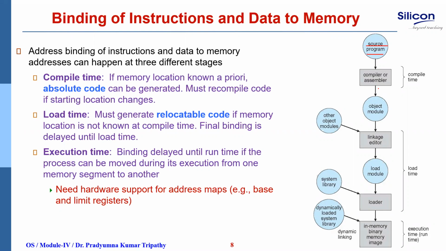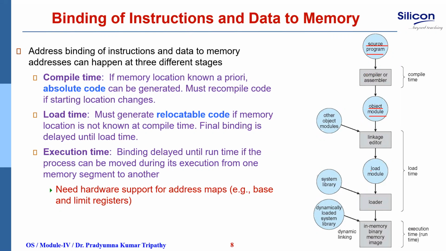Source code goes to the compiler, then to the assembler, and the machine code is generated. Then your object module is generated, which is called the object code. So from source code to object code, we use a compiler or an assembler so that we get the object module.